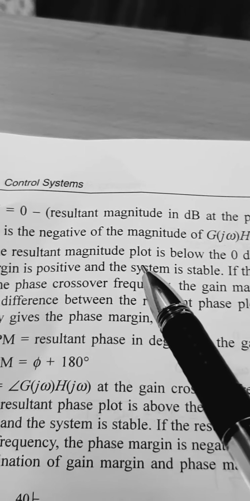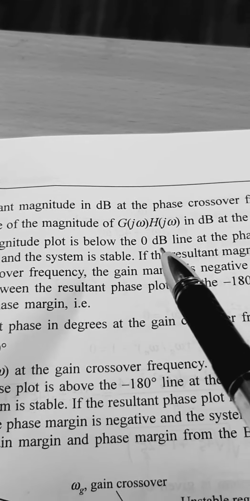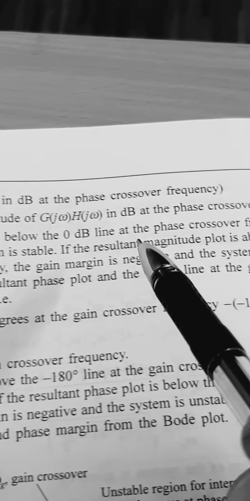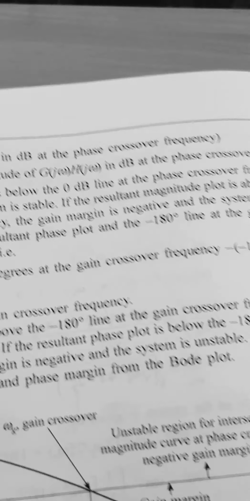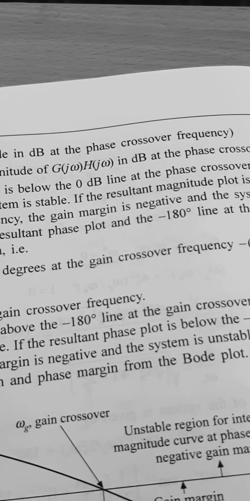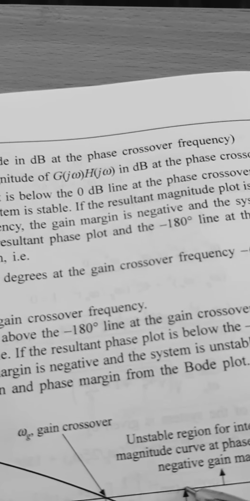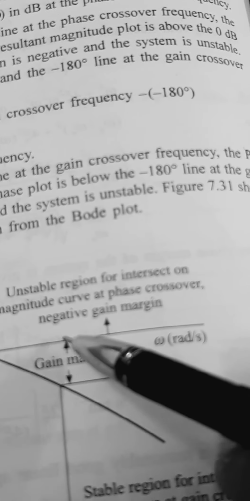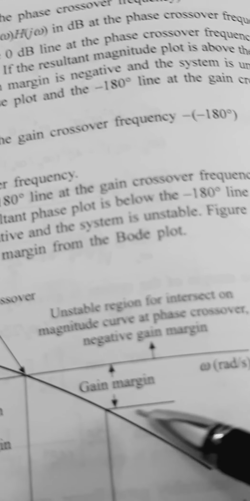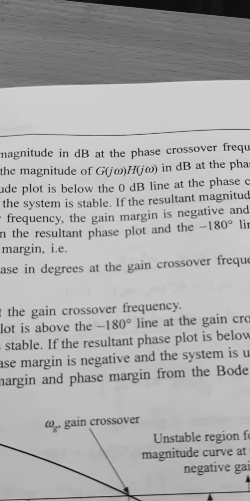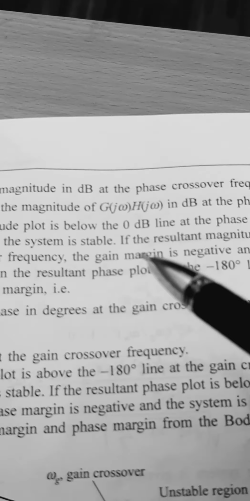Now, if the resultant magnitude plot is below the 0 dB line at the phase crossover frequency, if you are getting this point below the 0 dB, then you have a positive gain margin, so the system is stable.